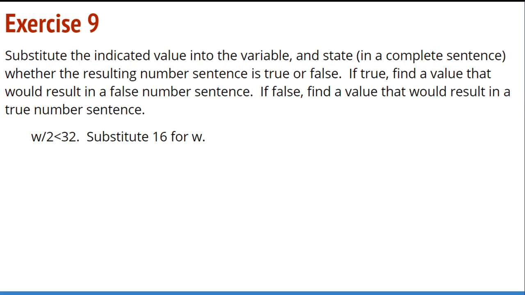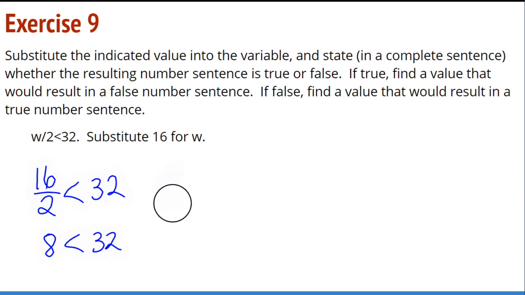All right, we've got w, which is 16, divided by 2 is less than 32. And 16 divided by 2 is 8, and is 8 less than 32? So it is a true statement if the value of w is 16.